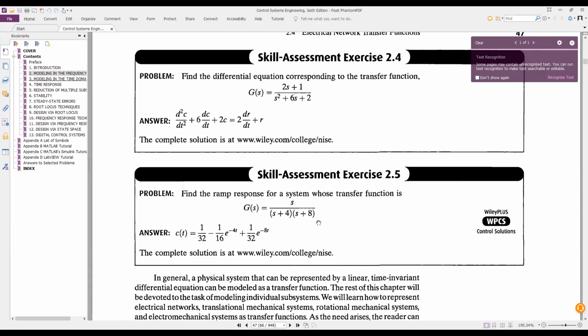So that is another one. Do you know how to represent this kind of thing? Check this one. Skill assessment exercises. I do not have time. Just check, and if you get the result, then you will understand.